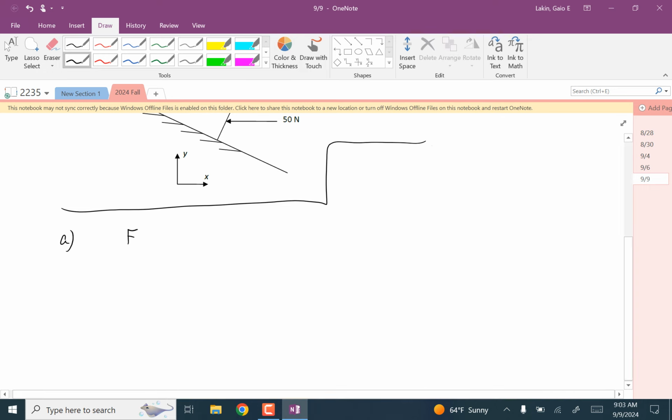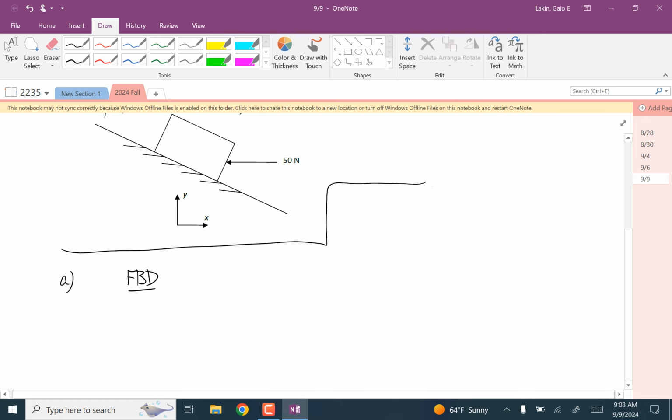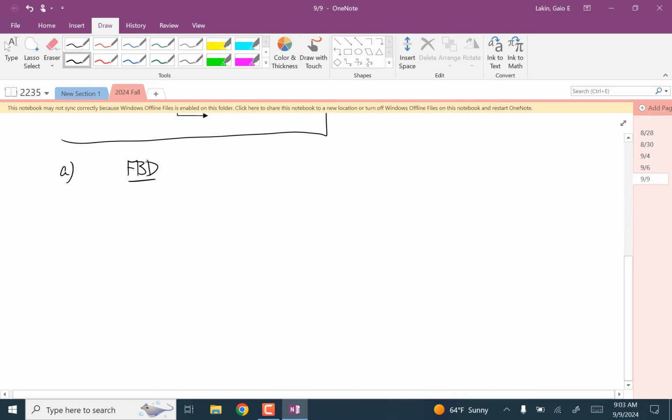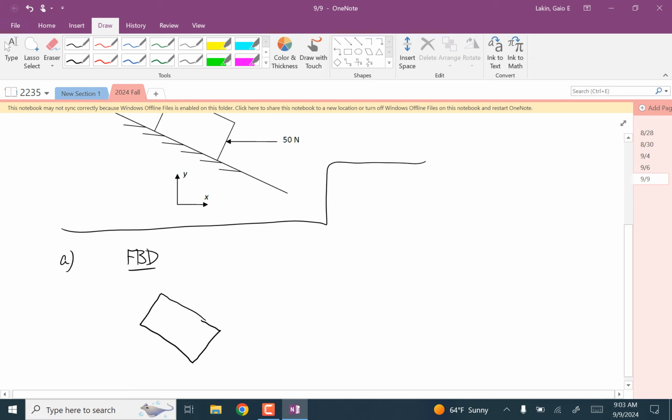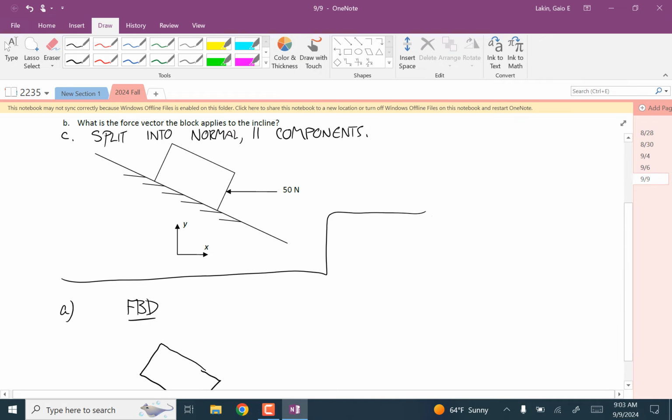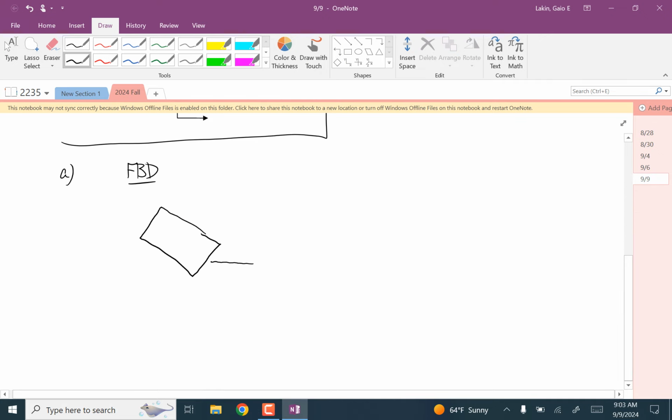Okay, so free body diagram. I'm going to just go through it all. The early stuff is quick. So we got this block. The angle is 20 degrees. We have a 50 Newton force like this.